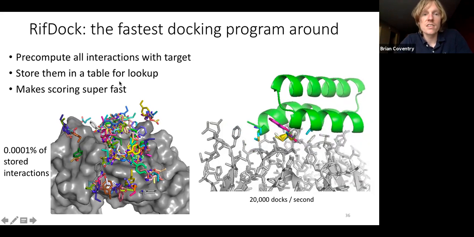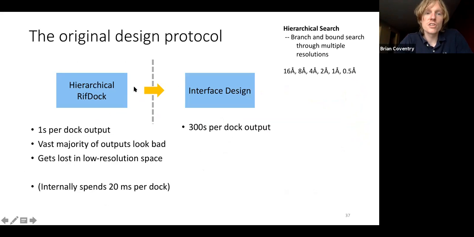Okay, and so originally the way this worked was that we have the RiffDoc protocol, and it used this thing called the hierarchical search that I don't have time to go into now, but it's just a branch and bound search using low resolution gridding of space. So instead of having the hash table be a half angstrom, you blow it up to 16 angstroms and you take the best tryptophan we found in 16 angstroms.